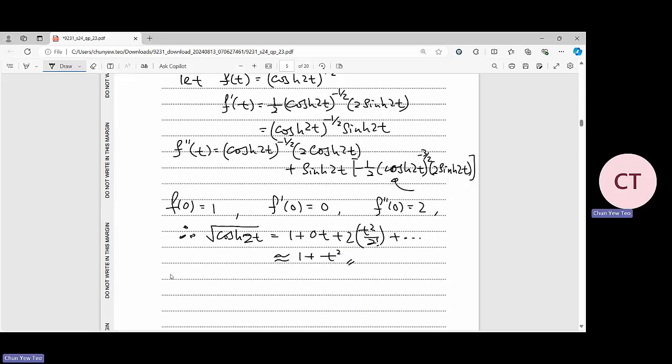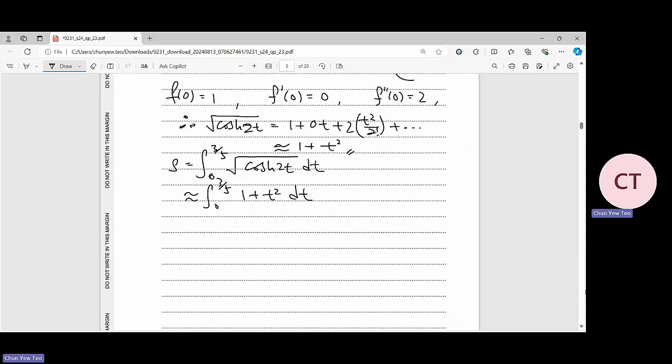Okay, so now we come to the integration part. So your x equals to this, 3 over 5. Back to the question part A. Then it will be approximately equal to the integral from 0 to 3 over 5 of 1 plus t squared dt, because I have used the Maclaurin series to approximate them.